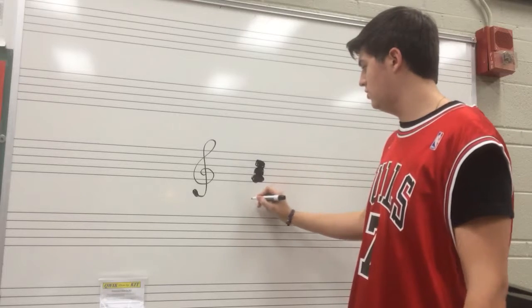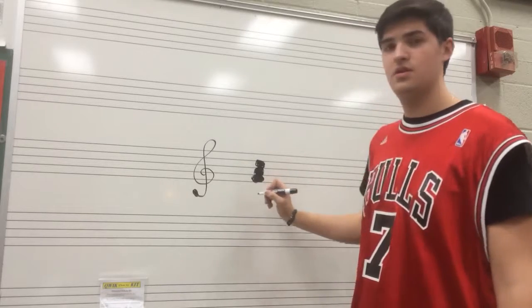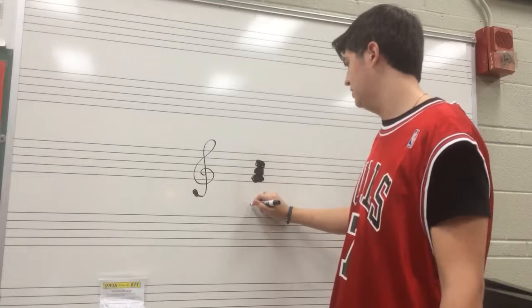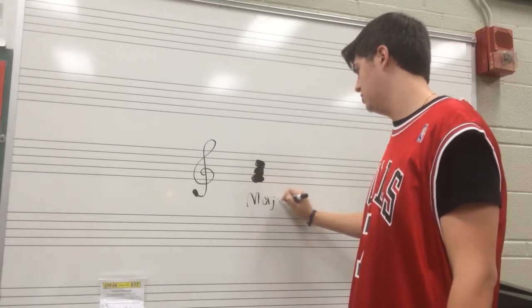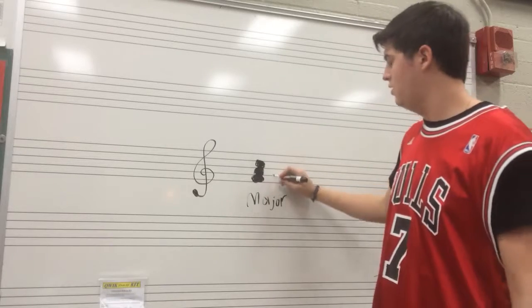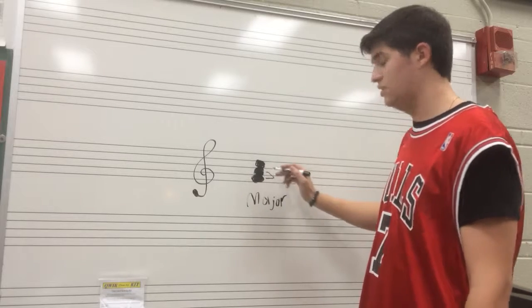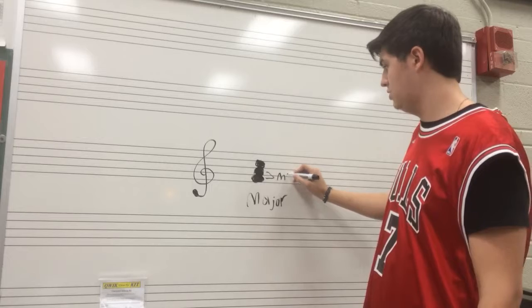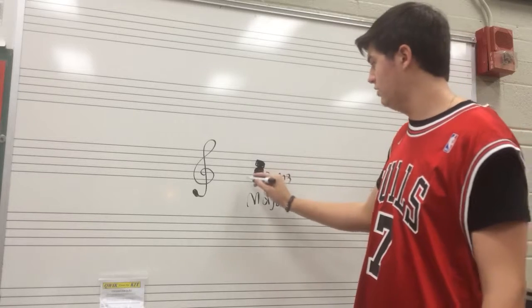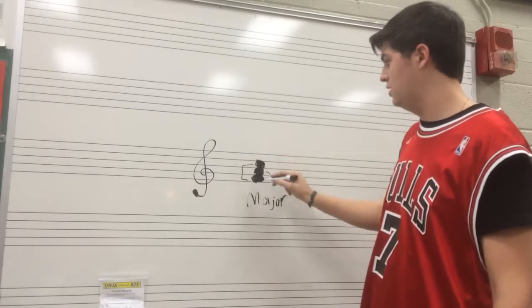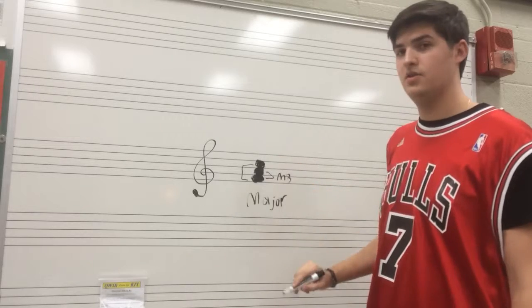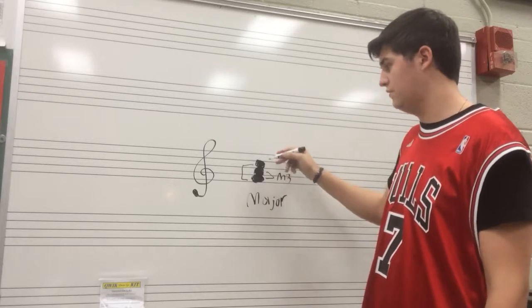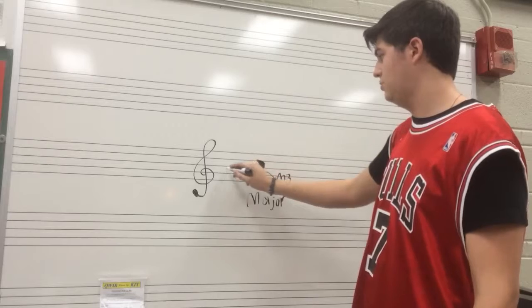But the way that you know that it's a major triad is that the interval between the first two notes is a major third, and then the interval between the first note and the last note, or the top note, so the first and the fifth, that's going to be a perfect fifth.